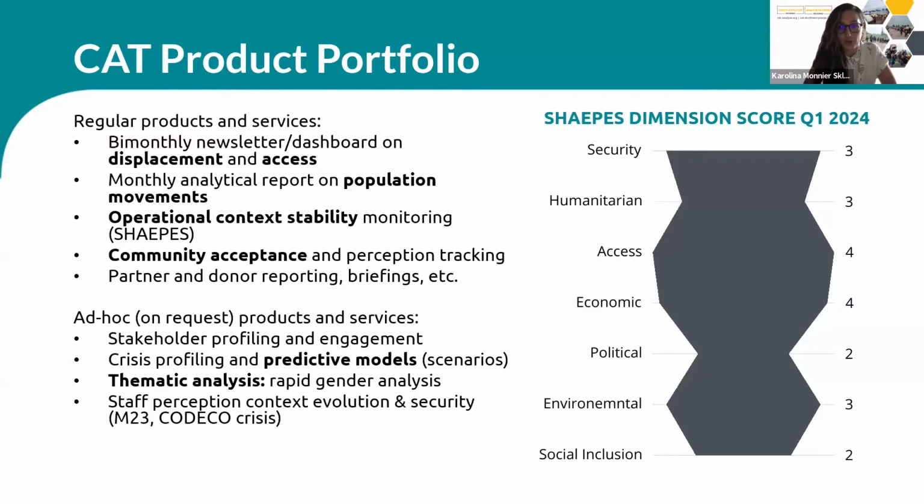And today we are going to talk about a specific product, which is called the SHAPES score, or the Operation Context Analysis score, which is something that we developed in order to be able on a long term to monitor evolutions and development of context across 7 different dimensions that were built based on the hypothesis of our programs, and that allow us to both look for long-term trends and also identify shocks that can either hinder or support implementation of all those programs. So emergency, development, and peace building.